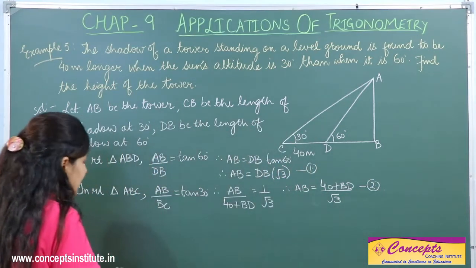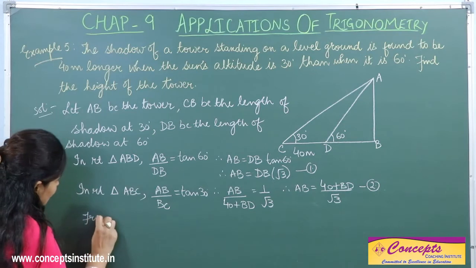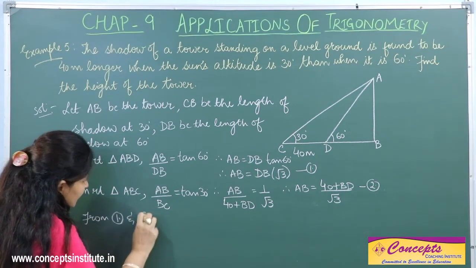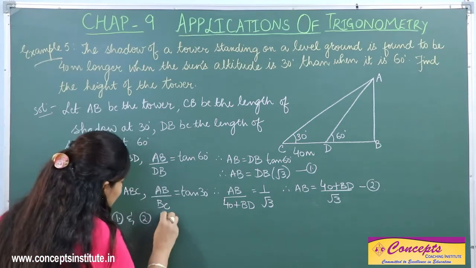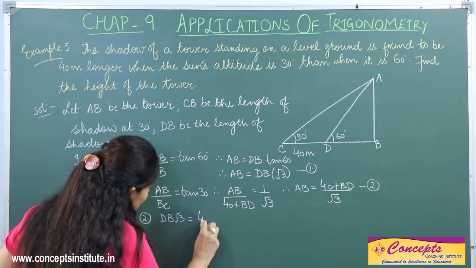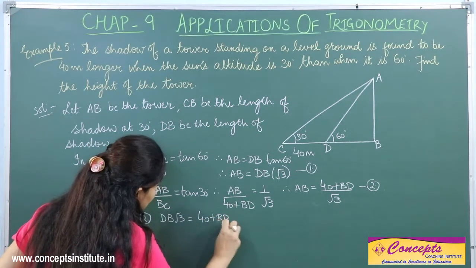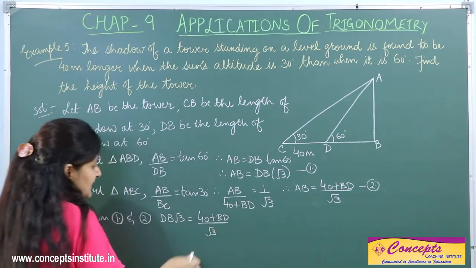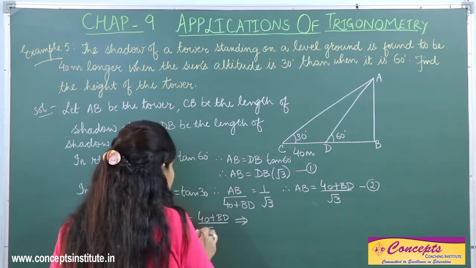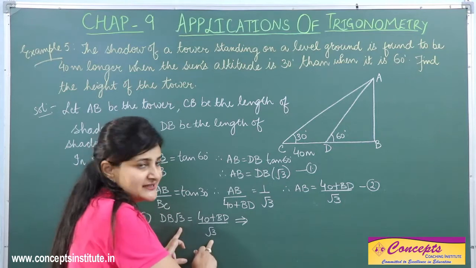So I can equate equations 1 and 2 now, because from both these equations I have found the value of AB. So that means DB root 3 equals 40 plus BD upon root 3. When root 3 gets cross multiplied to the left hand side, we get 3 BD, because root 3 into root 3 is 3.